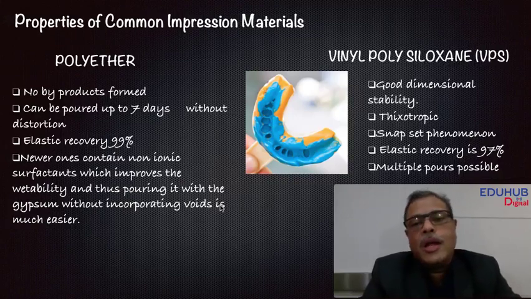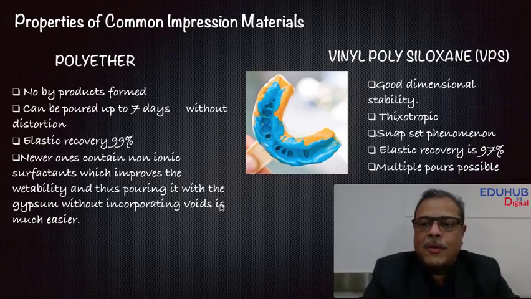While when you're looking at a VPS material, we are depending upon good dimensional stability and elastic recovery of about 97%. It can be poured multiple times also. Multiple pours are possible, and it's thixotropic in nature. The newer ones are also relatively more hydrophilic.